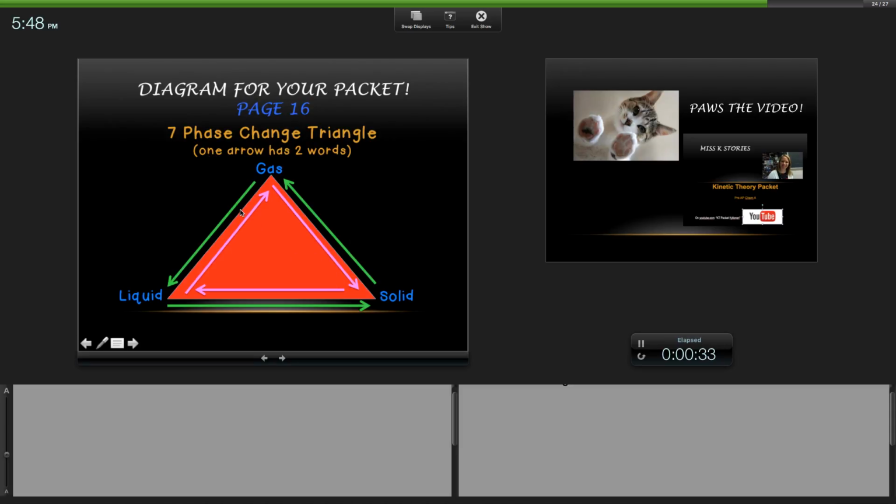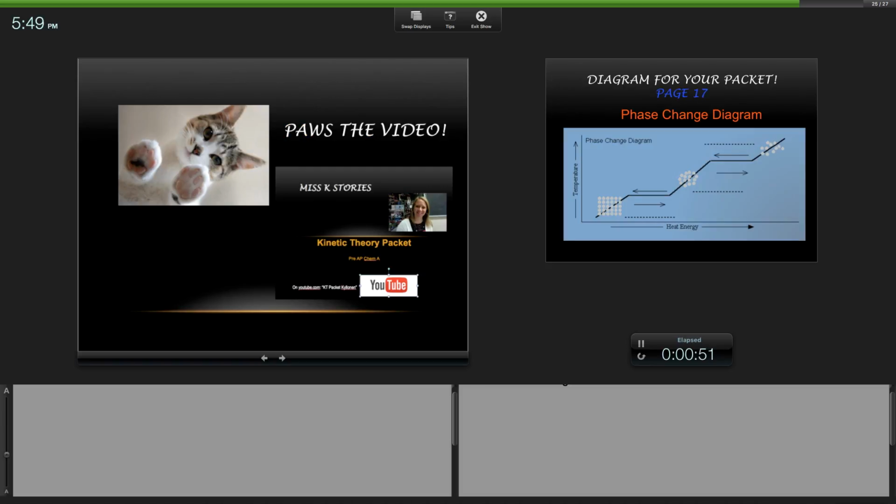And like it says, there are only 6 arrows because one arrow will have 2 of those 7 words on it. So as I increase energy, that's the green arrow. As I decrease energy, those are the pink arrows. Go ahead and fill that in. When you're ready, go ahead and pause the video, and I'll check in with you again when you get to page 17.